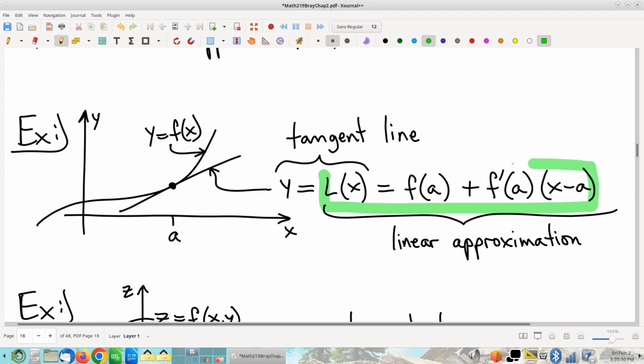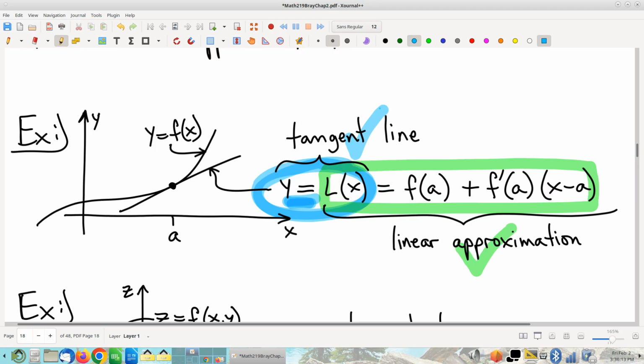This thing here is called the linear approximation. A lot of people mistakenly call it the tangent line. That's not correct. This is not a line. This is a function. This is an algebraic object, right? The tangent line is what you get when you take the graph of that linear approximation function.